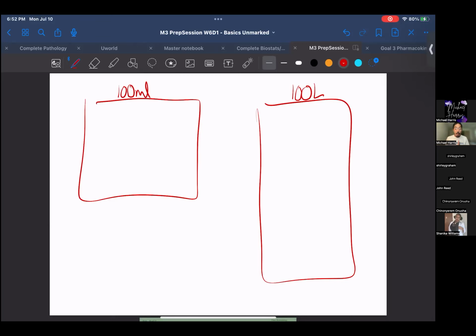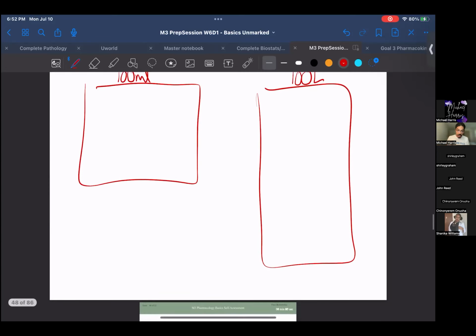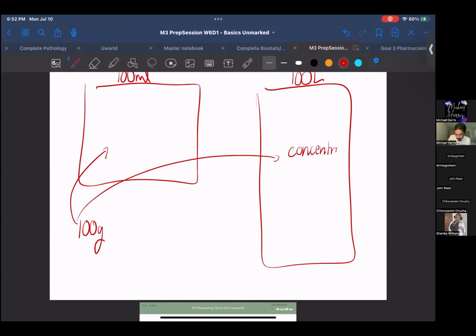And let me explain why. When you give a dose, let's say of 100 grams, you give this dose here, you give this dose here. Yes, here in this volume, the concentration is lower. I'm not disputing that.